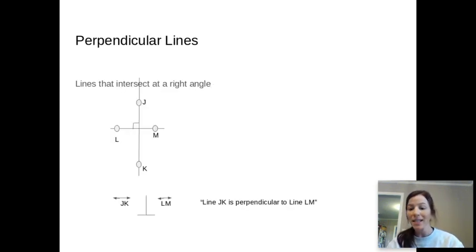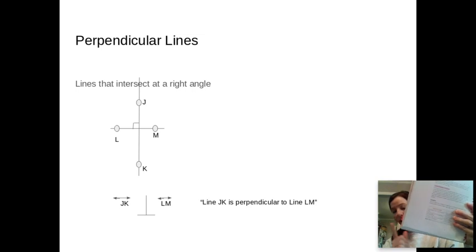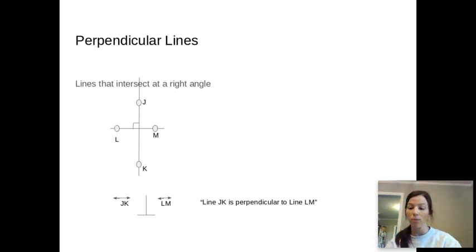Now, perpendicular lines are different. These are lines that intersect at a right angle. And just because you don't have a protractor at your house, the way you can check a right angle is with any sheet of paper that has an edge. So for example, I have a textbook right here, and even this edge right here, see that? That can be used to check and see, is it a right angle?